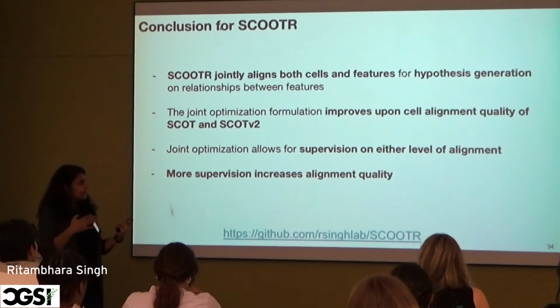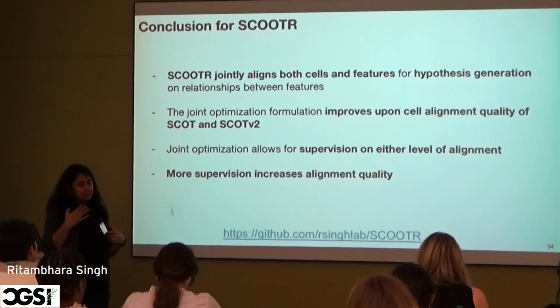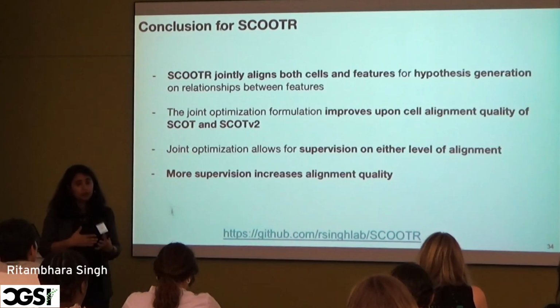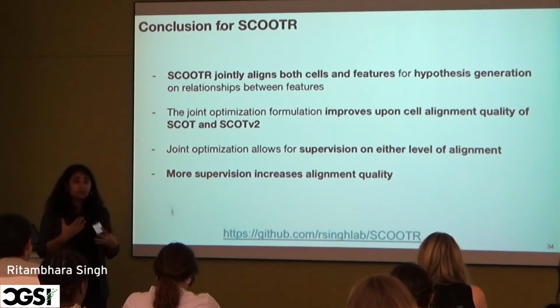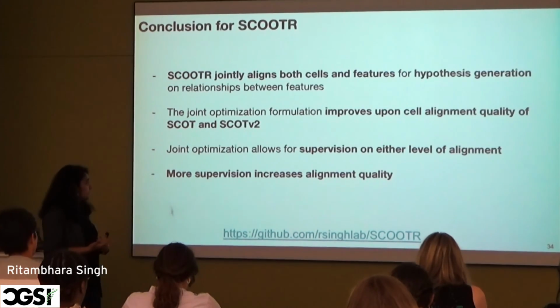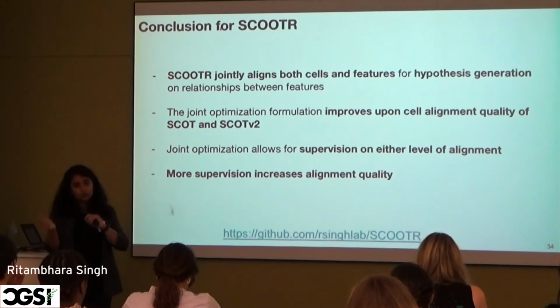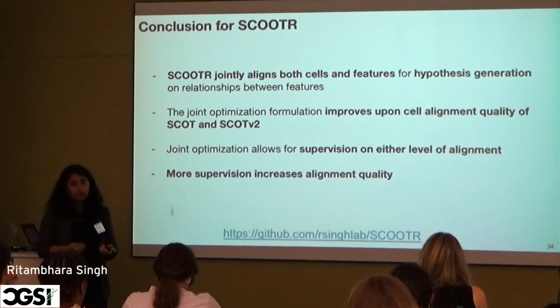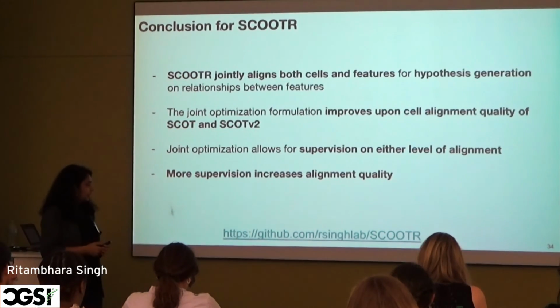So yeah, Scooter is able to jointly align cells and features, and that's interesting because the feature mapping can lead to all sorts of interesting hypothesis generation. The joint formulation improves upon the quality of alignment that we saw for our previous methods. It also allows for supervision on either level, which increases the alignment quality for tasks that are harder to do.